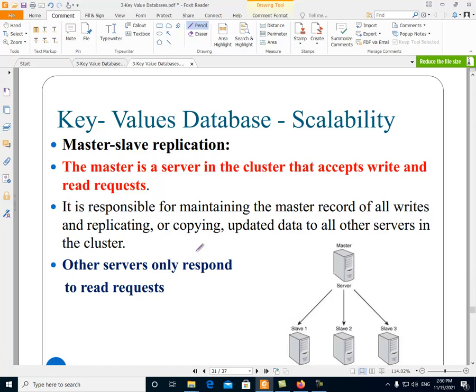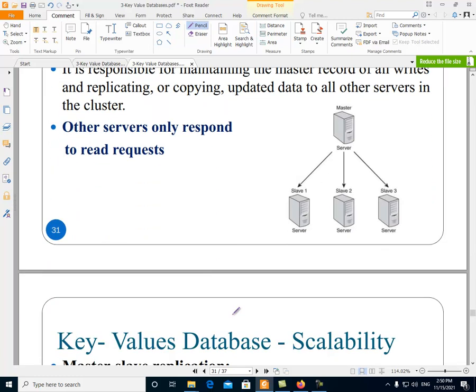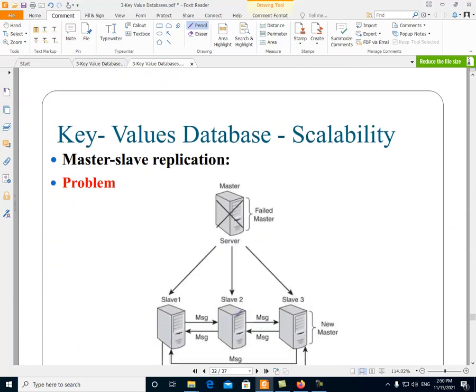So we have a master server that could do read and write, and also stores information about the replication and the copies of data and the updates, and different operations in the database.